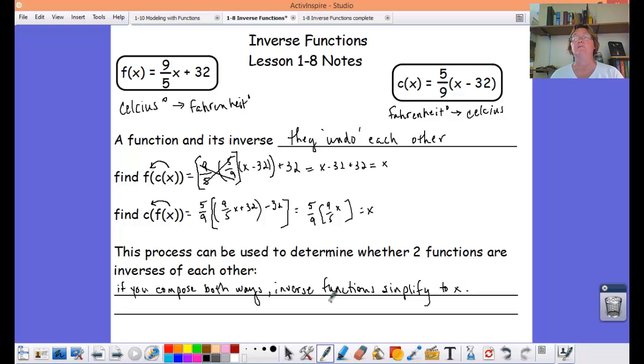If you've done the simplification and you don't get x, that means they're not inverses of each other. But if two functions are inverses, if you compose both ways, you should simplify to only x, which is kind of cool, really.